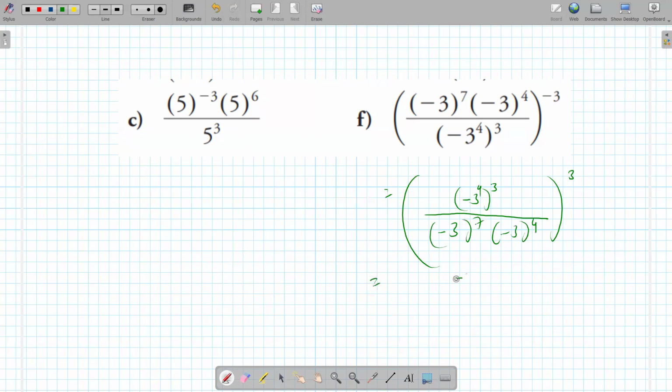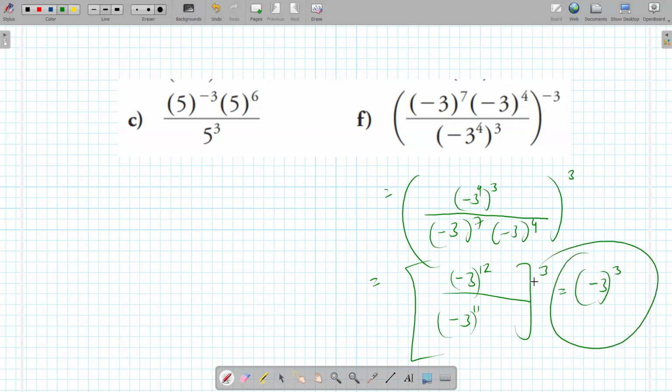From here, it becomes -3 to the 12 over -3 to the 11. There's a 3 on the outside, so the answer is -3 to the power of 3. And you're done. It's -27, that is.